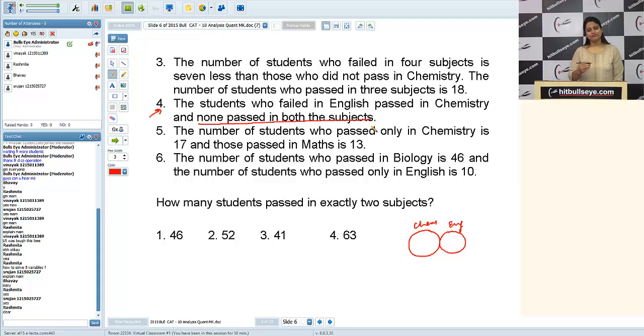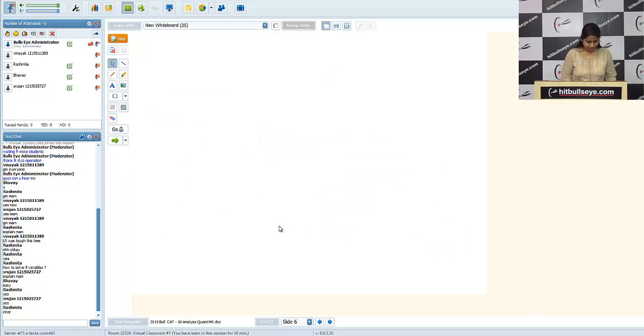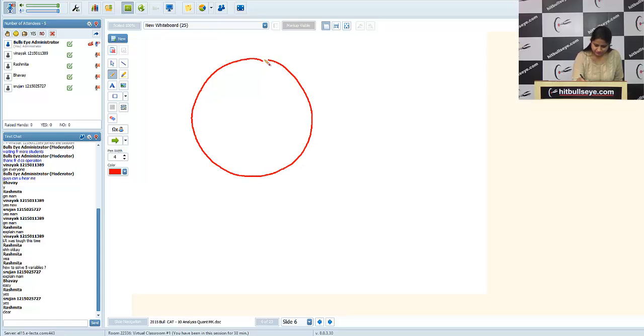So if we club all these logics, we'll get a Venn diagram this way. We will have a chemistry circle. We'll have this English circle.